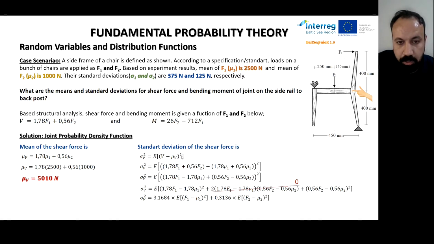If this equation is equal to the variation of the data set, or the square of the standard deviation, so that one is equal to sigma 1 square and sigma 2 square in this part. I will get it from here. So it's the same. So I know the sigma 1 and sigma 2 from the case scenario.